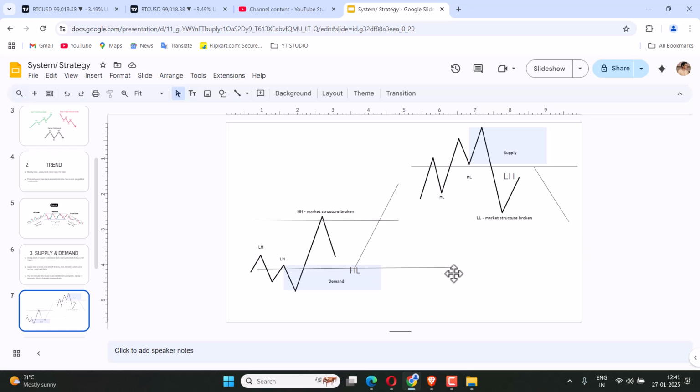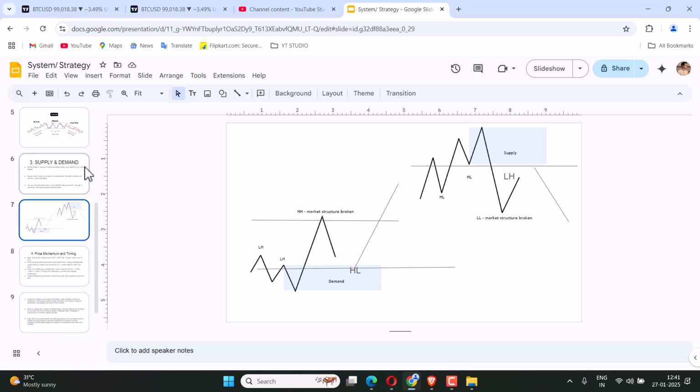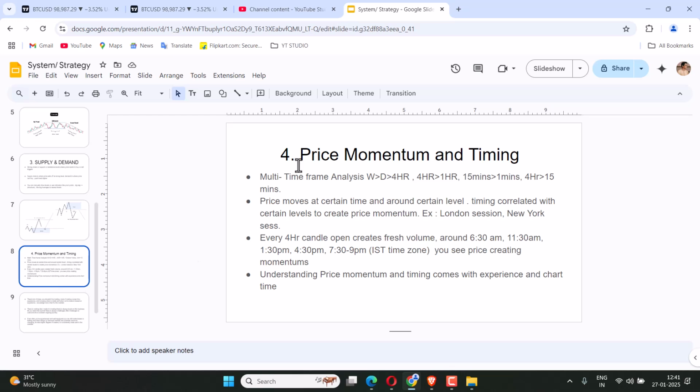Okay, and let's get on with the price momentum and timing. This is something which I developed through my experience. So the way I use the approach to analyze the market is through multi-time frame analysis. Okay, I always start with the top-down approach, understanding the structure: monthly, weekly, daily, 4-hour.